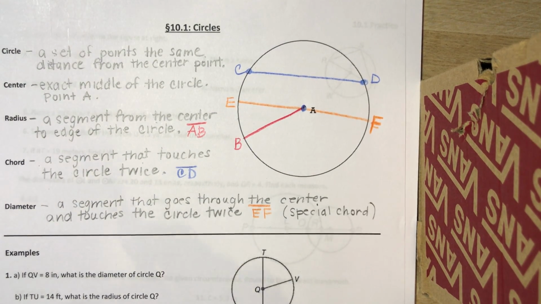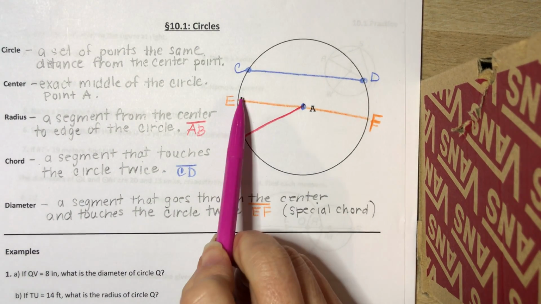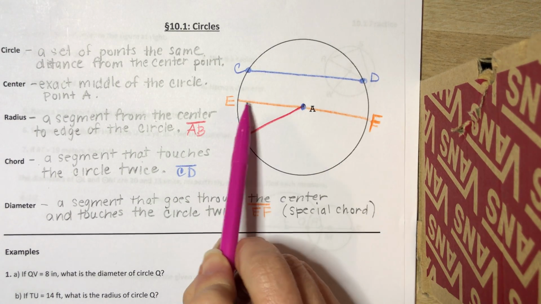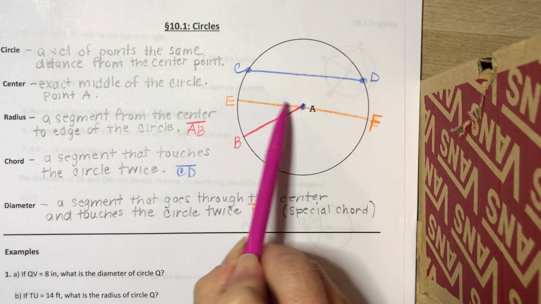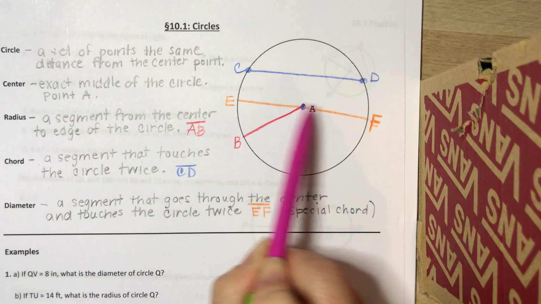One other thing I want to point out about a radius and a diameter. If we look at the diameter, notice that this orange segment is actually made up of two radii. Radii is the plural of radius. So EA and AF are actually radii.